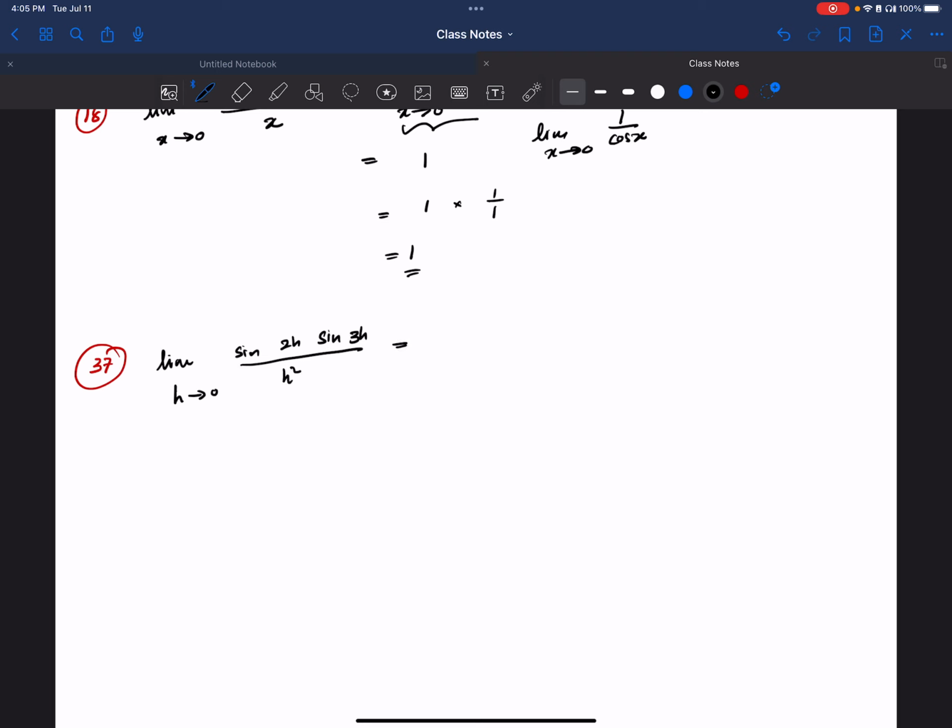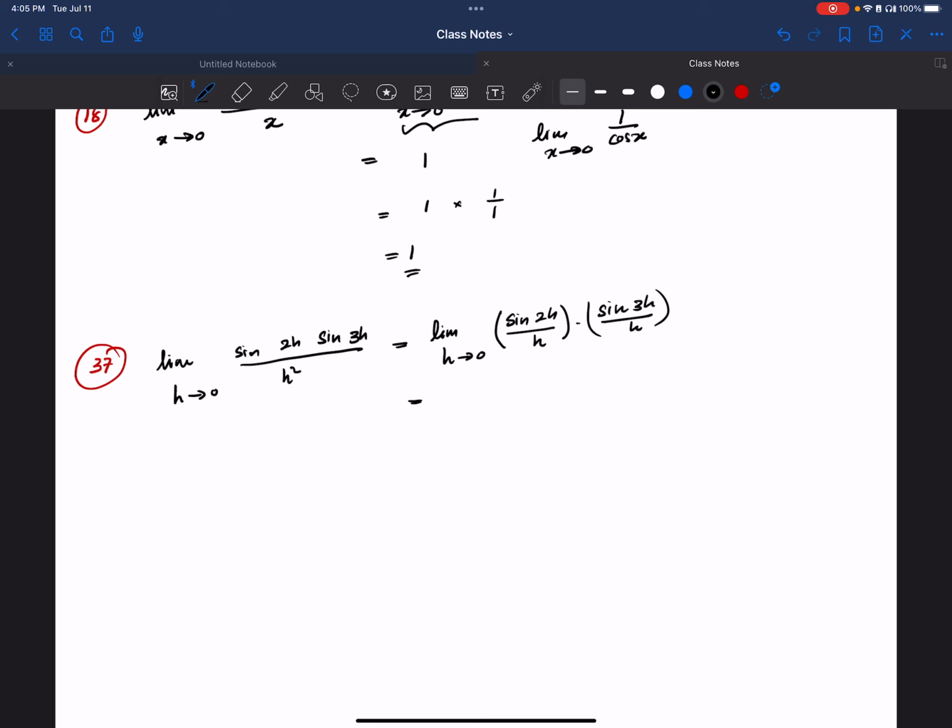I can divide this into the product of two functions: limit as h goes to 0 of sine 2h over h times sine 3h over h.